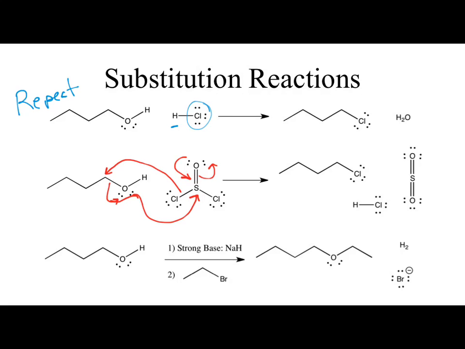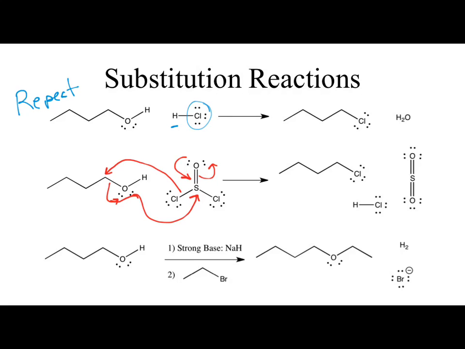The net result is that per alcohol, okay, we can kick off a single chloride. That gets us one of these alkyl chlorides. But then we don't have this species. And we don't have this species. So what ends up happening, the leftover piece reacts with another alcohol.